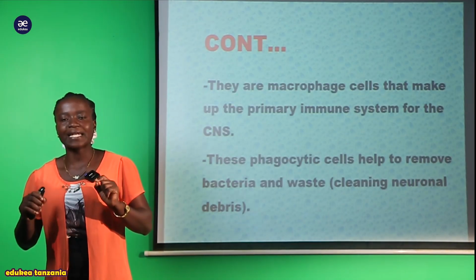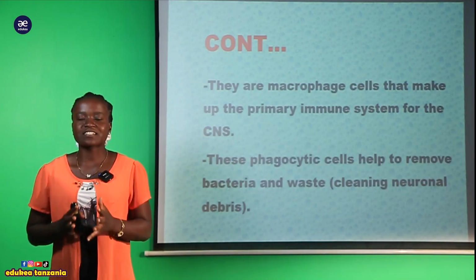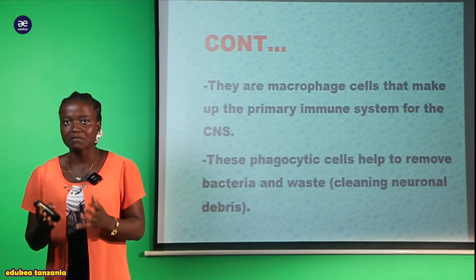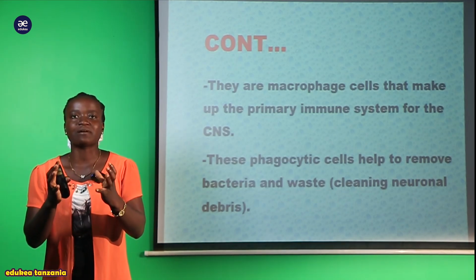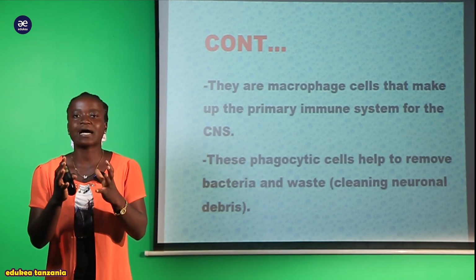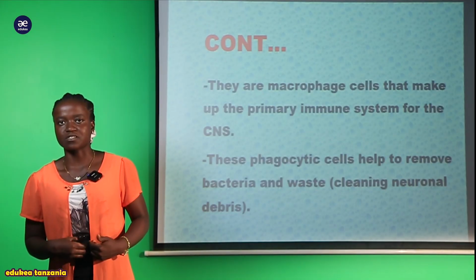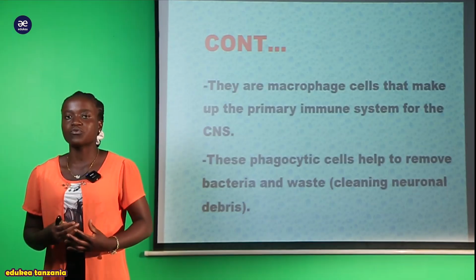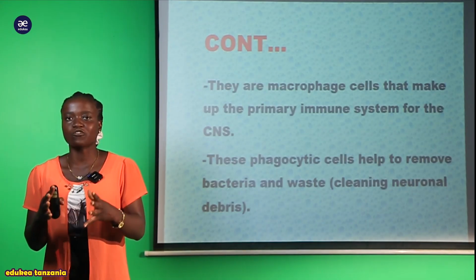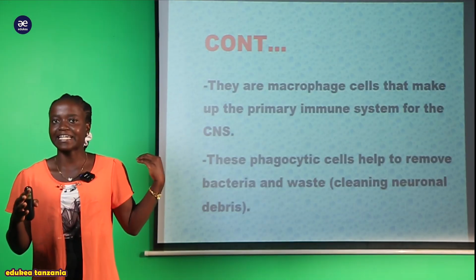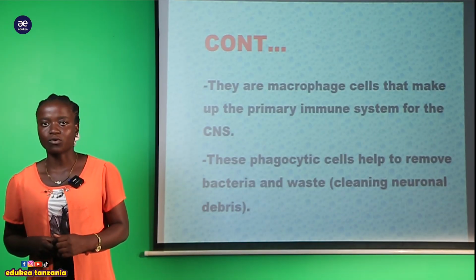Kwa kama patakuwa na any kind of virus, any kind of bacteria, hizi microglia cells act as macrophage. Tukisema macrophage kwa maana kwamba inaenda ku-engulf all of those, either bacteria, either dust or debris, any kind of waste material that can enter through the central nervous system. This microglia can go through that and engulf, kwa maana kwamba ina kill any kind of bacteria that can possibly enter into the central nervous system, including the brain and the spinal cord.